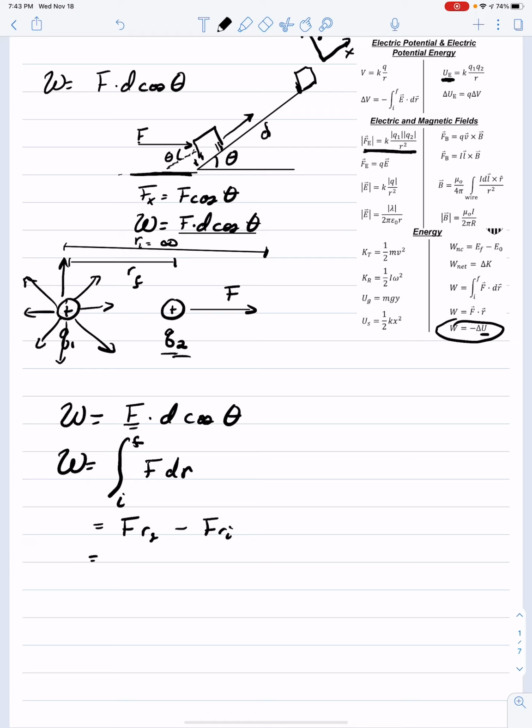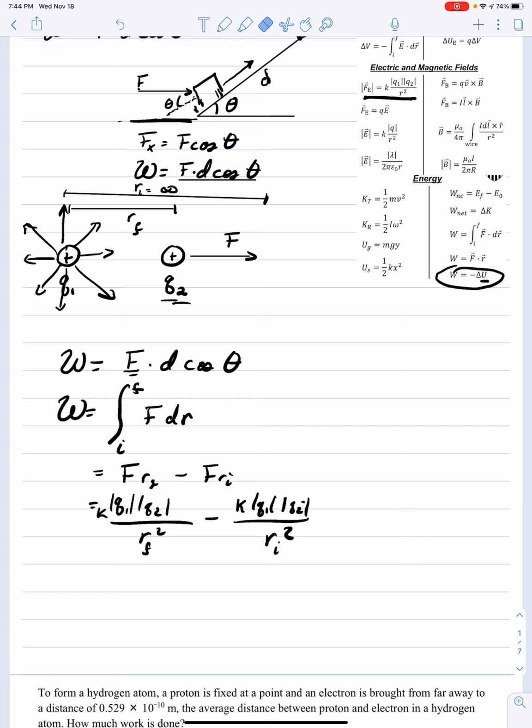We change this into electrostatic forces. We're given Q1, Q2, times Coulomb's constant, over R final squared, minus K Q1 Q2 over R initial squared.